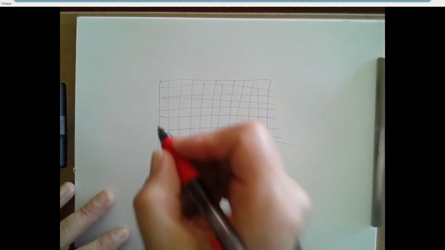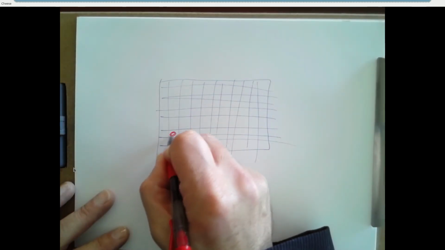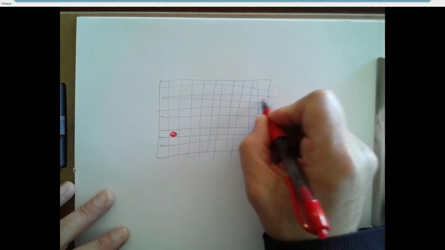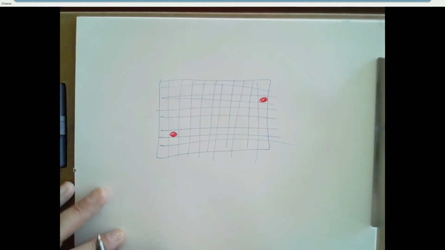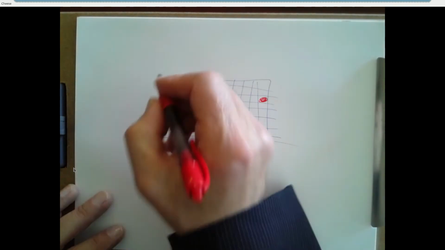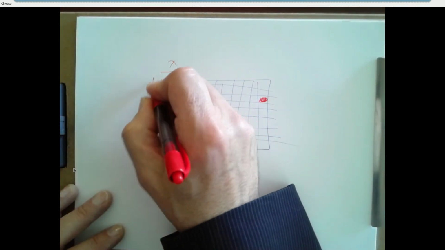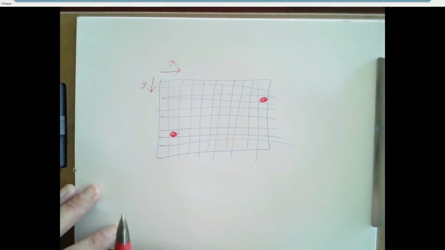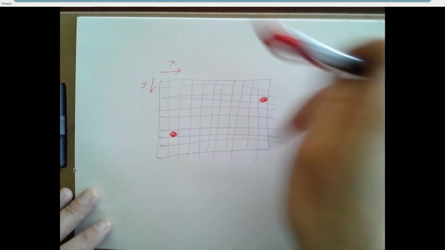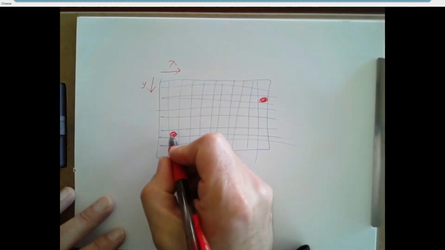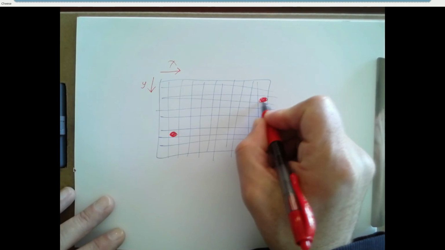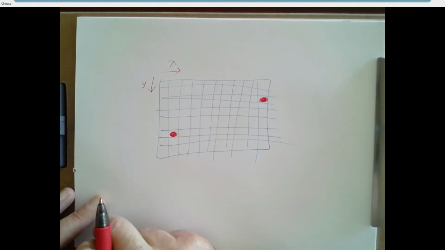Suppose you want to draw a line from here to here. We've got XY coordinates, and usually 0, 0 is the upper left. So we move across, we move down, and whatever coordinate this is and whatever coordinate this is, we want to draw a line between those.